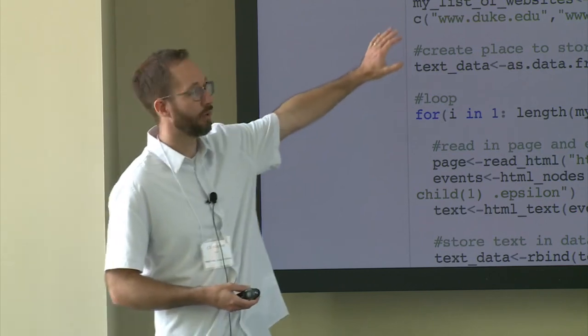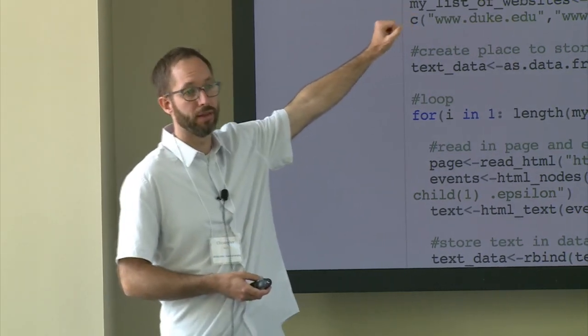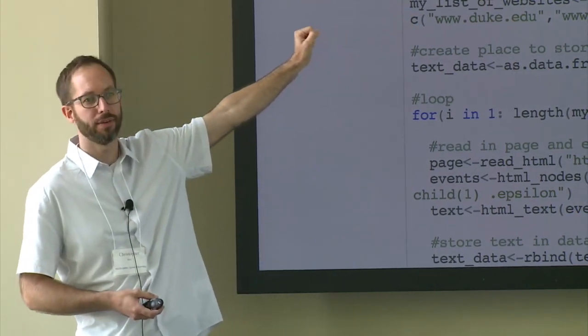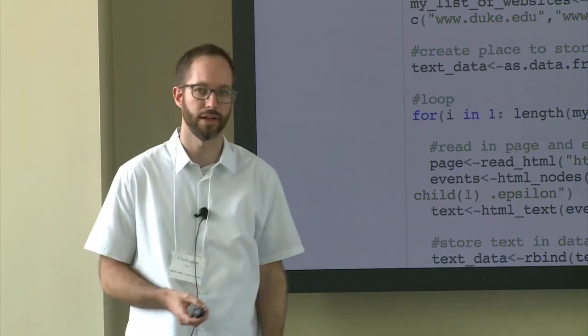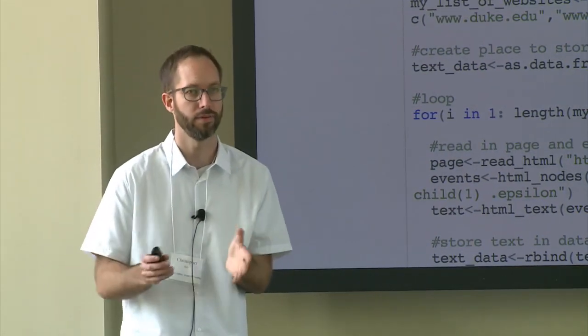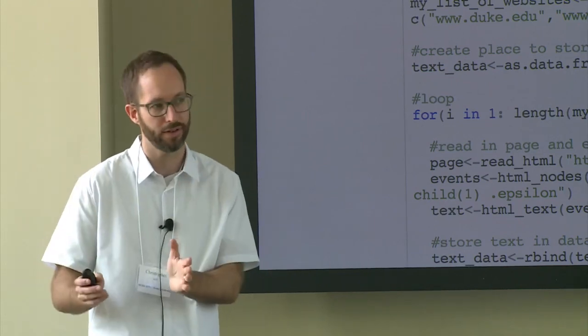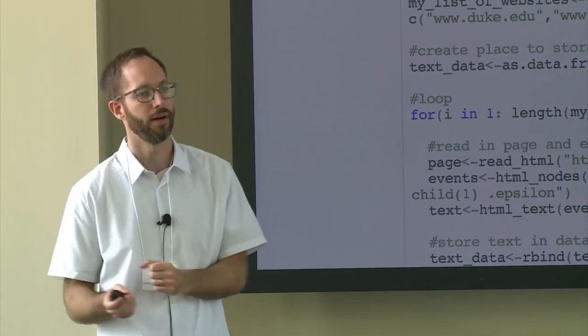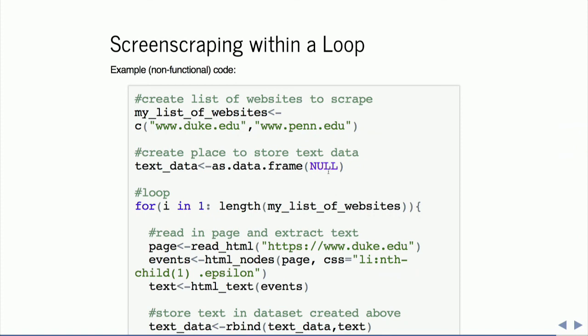This code, by the way, will not work. And there's an intentional reason for that, to explain to you that it's very often the case that unless you are going to scrape the same web page, or a web page that has a very similar structure to another web page, you're going to have to write custom code for each page that you're going to scrape.